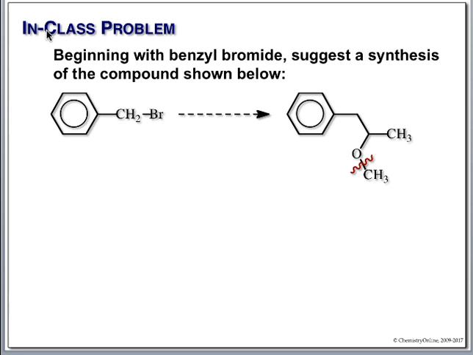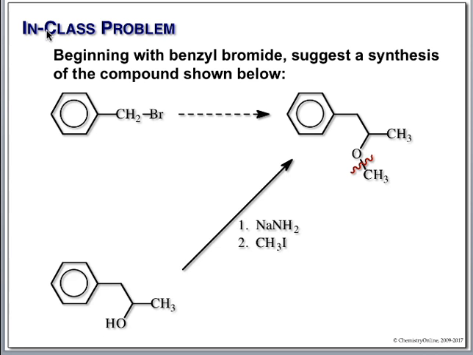The reaction would look like this. This is the alcohol we would need. Something like iodomethane, use sodium amide to make the anion, and do our reaction. That'll work.